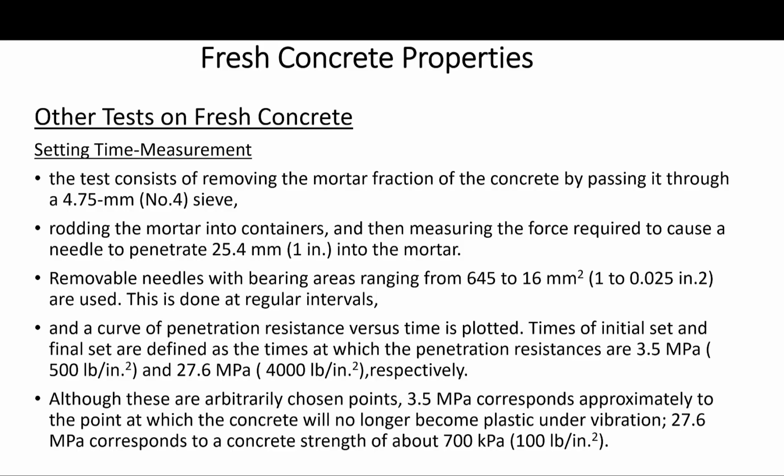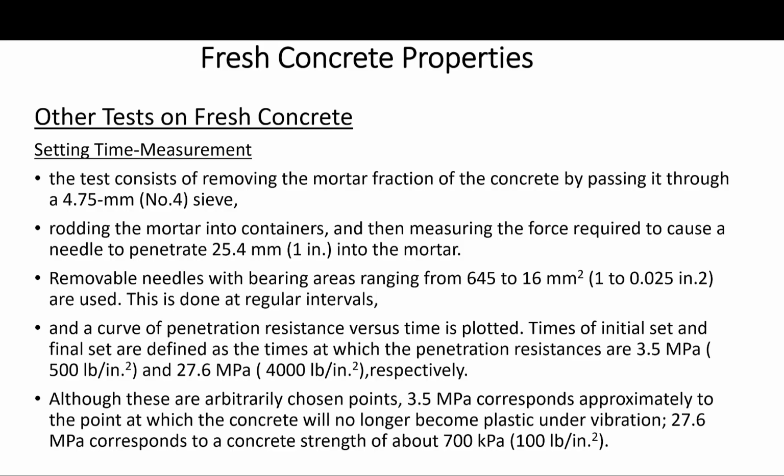Times of setting, the times of the initial set and the final set, are defined as the times at which the penetration resistances are 3.5 MPa, 500 psi, and 27.6 MPa, or 4000 psi, respectively.